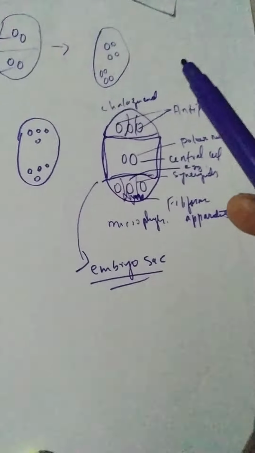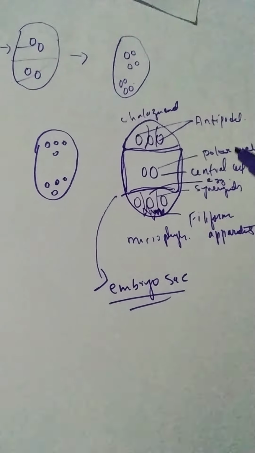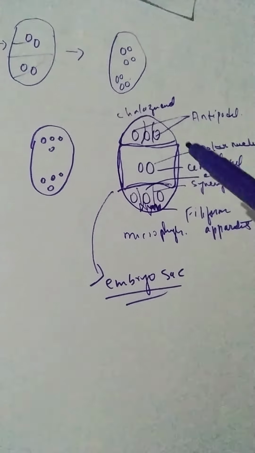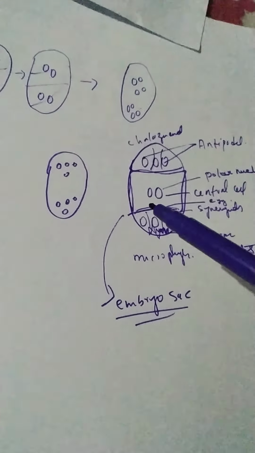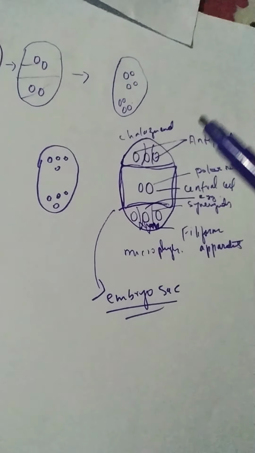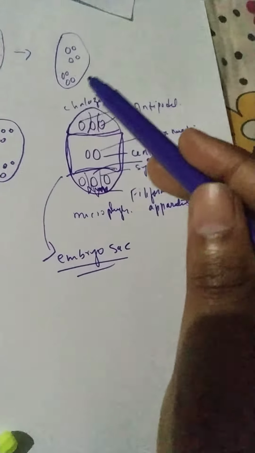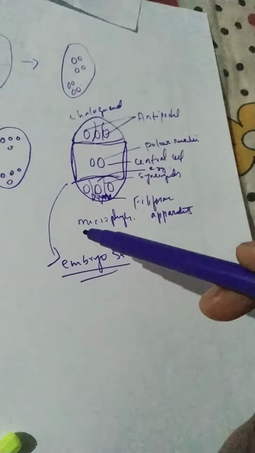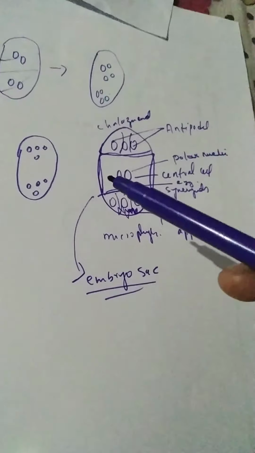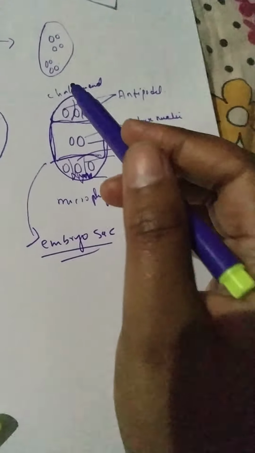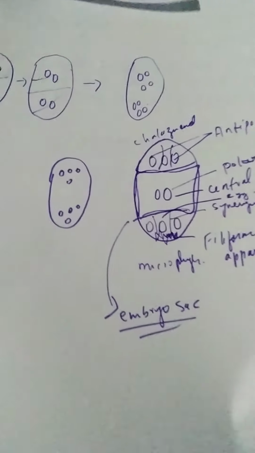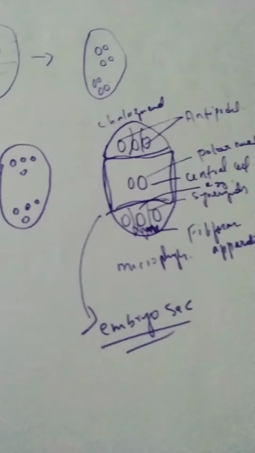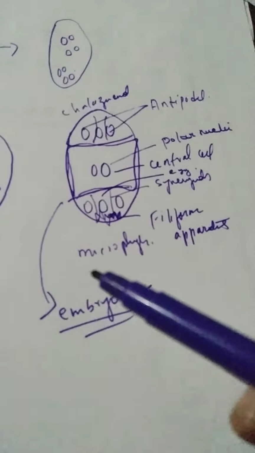So if you see this embryo sac, from the first, if you study this one, you will know the formation of the female gametophyte. The formation of this embryo sac, the female gametophyte, is called megagametogenesis.